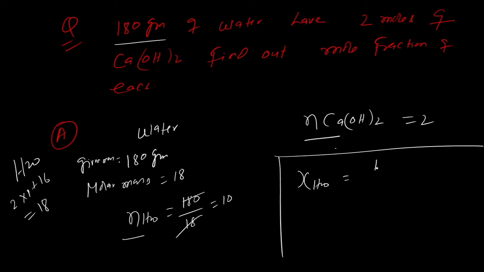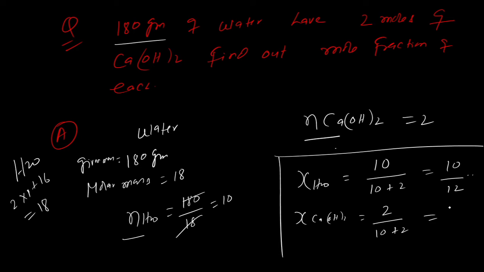The number of moles of H2O is 10, and the total number of moles will be 10 plus 2, so it will be 10 by 12. Solve it, you will get the mole fraction of H2O. Now the mole fraction of calcium hydroxide, how will you get it? The number of moles is 2 upon the total number of moles, 10 plus 2, so it will come 2 by 12. Now solve it, and that will be the mole fraction of calcium hydroxide.